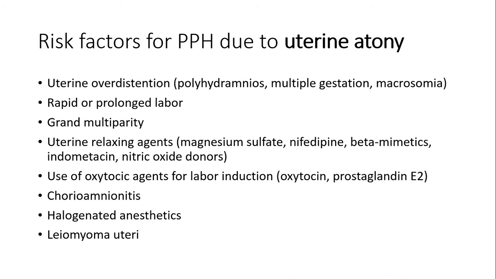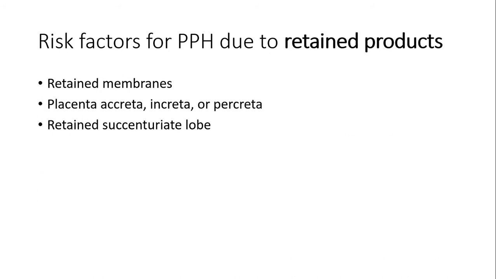Also, the use of oxytocic agents for labor induction, like oxytocin itself or prostaglandins, may also cause uterine atony. Chorioamnionitis during labor is the next cause of uterine atony. Some of the anesthetics, and don't forget gynecological pathology like leiomyoma uteri. All those factors are risk factors of postpartum hemorrhage due to uterine atony.